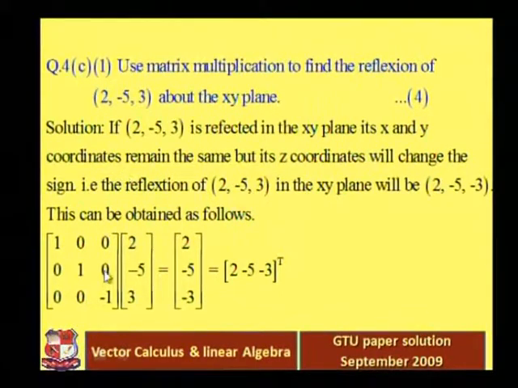We have to multiply this matrix with our vector 2 minus 5 3. When we multiply, we will get 2 minus 5 minus 3, and this is exactly the required vector of the reflection of 2 minus 5 3 about the xy plane. So here we complete the first part of question 4C.